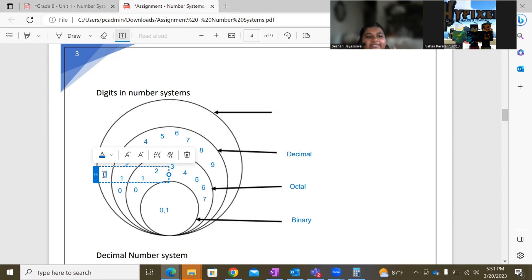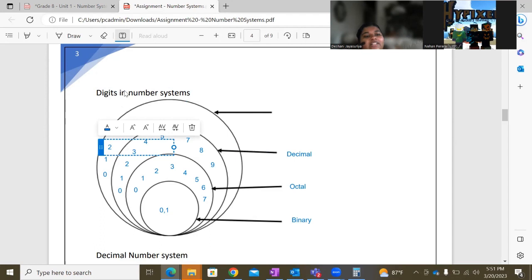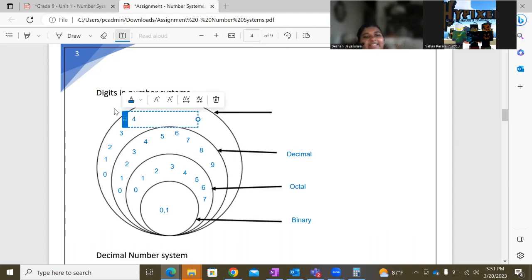So these are some activities given by the syllabus to do, and so that's why I have added it. And we will not forget all the values by doing this. You can remember it easily. Okay?